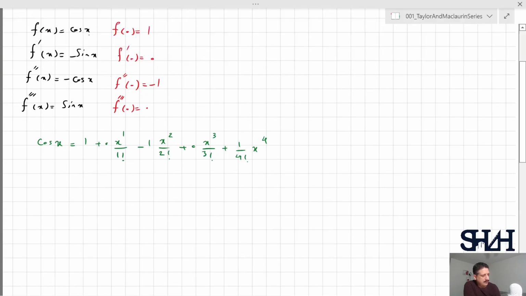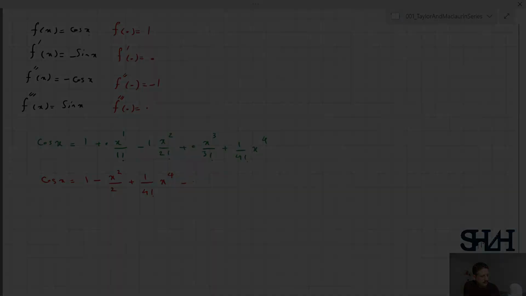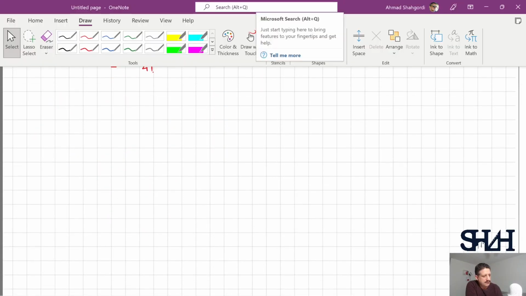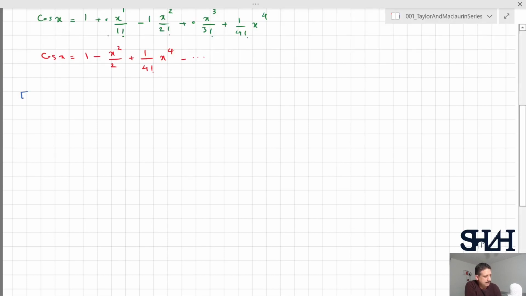I can simplify it: cos x will be 1 minus x^2 over 2 plus 1 over 4 factorial x^4, and so on.